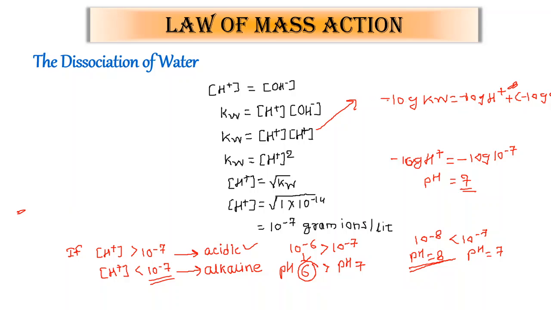So after applying it, I will replace this log term, so it will come as a pKw is equals to pH plus pOH. So this will come as a 14. So pH plus pOH we know is 14. That pH scale does not go above 14. So this is how, by applying law of mass action, we can even put the equation for ionic product of the water.